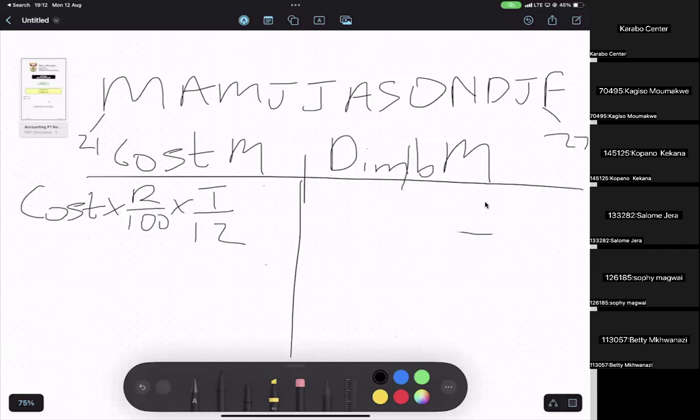It was bought on the 31st of August, so I'll start calculating from September. But if it was sold on 1 August, I'll start calculating from July going down. If it was sold on 31st August, I'll start calculating from August going down. So it differs: when they say an asset was bought, you calculate from the month going forward.